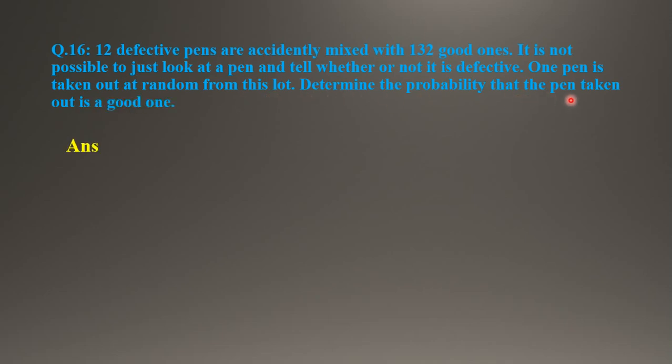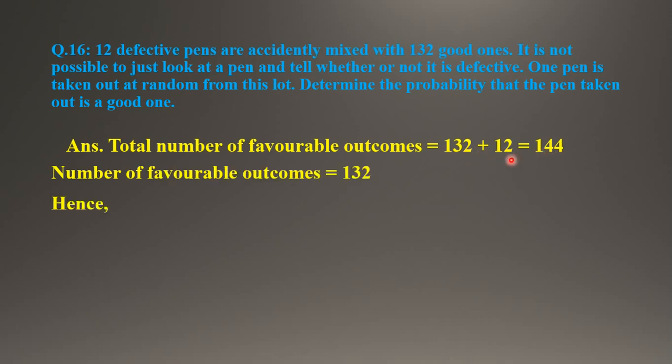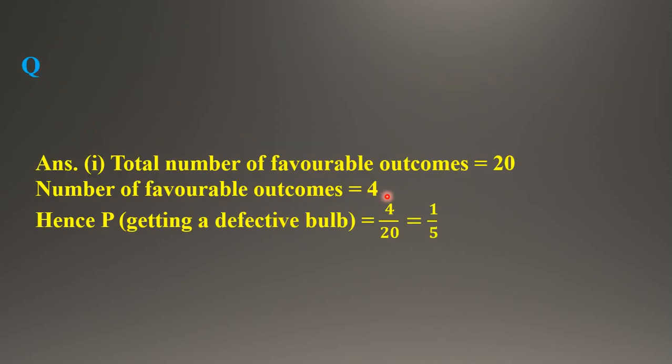Determine the probability that the pen taken out is a good one. Again, total number of outcomes is 132 good pens plus 12 defective, that means total 144. Now number of favorable outcomes is 132, since we have to find the probability of getting a good one. Therefore probability of getting a good pen is 132 upon 144, after solving 11 upon 12.